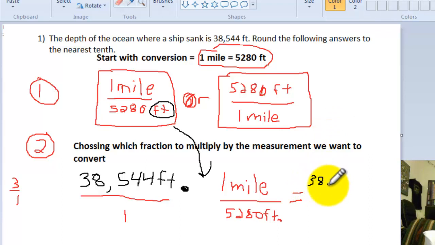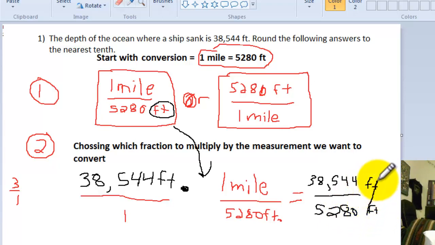This is really division ultimately. But looking at it this way prevents mistakes. That's feet over feet, which cancels out, and what you have left is mile.